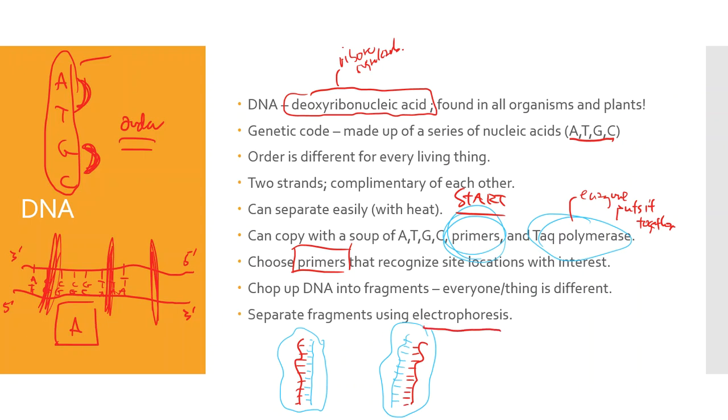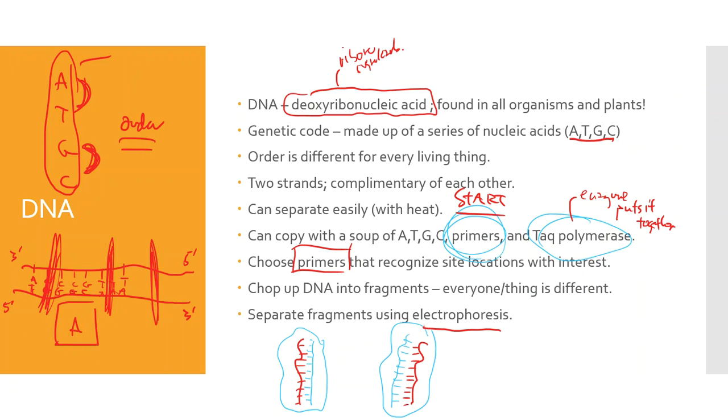All right, so the concept here is to take DNA strand naturally in its home environment, rip it apart, copy them, and do that multiple times, over and over and over, until we get quite a bit of DNA. Then I can go in and choose primers that target specific parts of the DNA molecule that I want to know more about, and then I can use Taq polymerase to go in and copy those areas of the DNA.